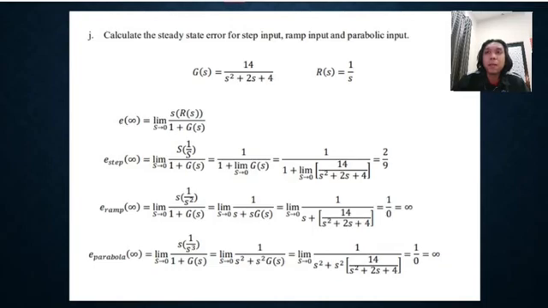With the answer we can determine the type of our system, and it determines that our system is a type 0 system. And that's all. Thank you.